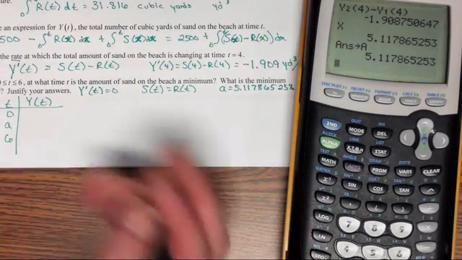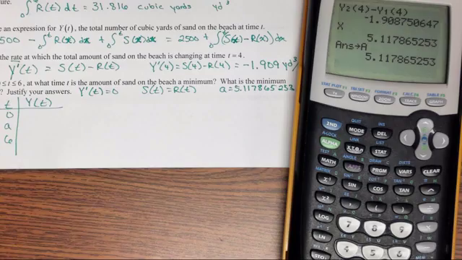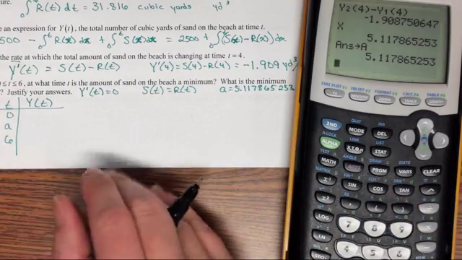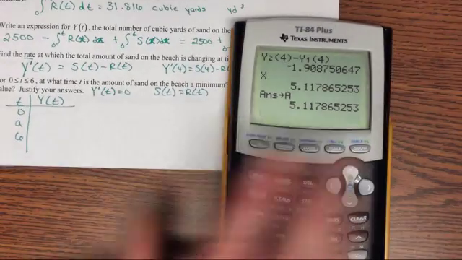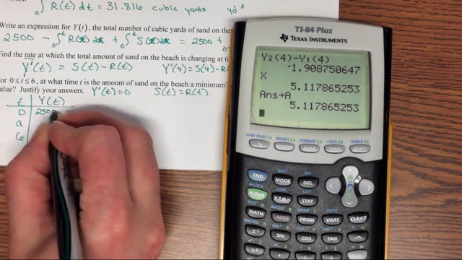And then I need to also check the other end. Remember, an absolute maximum or minimum can occur when the derivative is 0, or it could be one of those endpoints when we're only looking at a certain range. So at time 0, we know how much sand we had. That was 2,500.